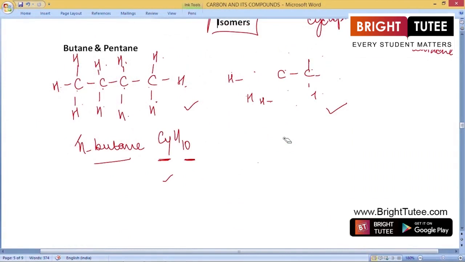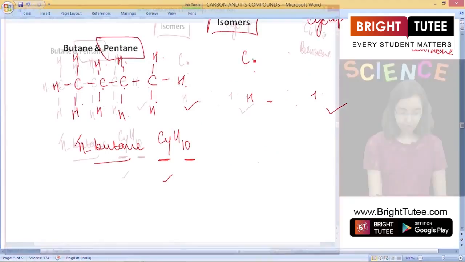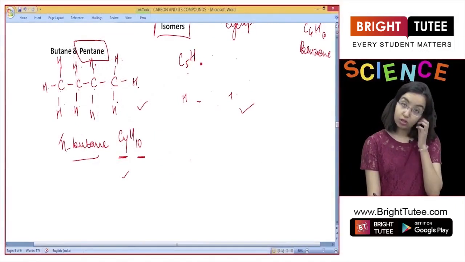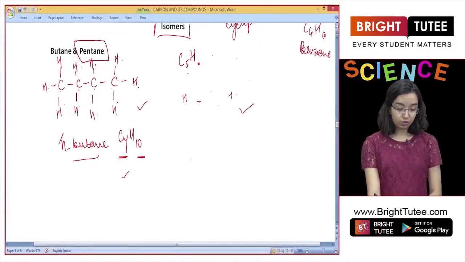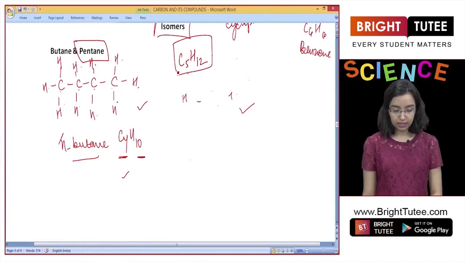Let's try and understand another alkane, which is pentane. So pentane's formula you know is C5H2n plus 2, right? So 10 plus 2, 12, right? That is pentane.